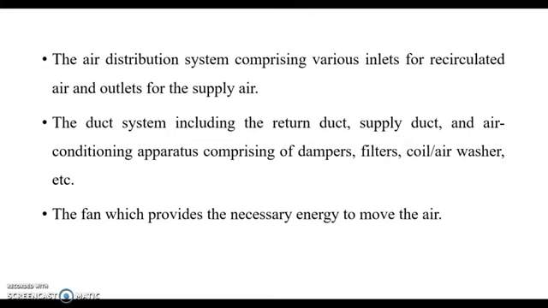Next, the duct system includes the return duct, supply duct, and other apparatus like dampers, filters, coil, or air hose. The fan provides the necessary energy to move the air in the duct or air conditioning system.